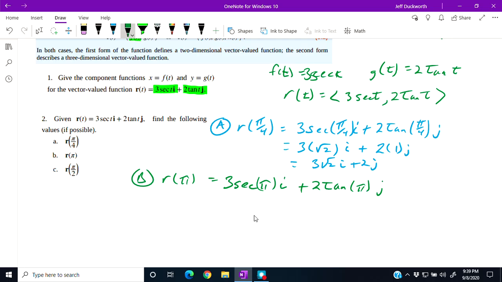Okay, and so again, secant is 1 over our cosine. The cosine at pi is -1, so 1 over -1 is still -1, so that's 3 times -1i. And tangent at pi is just going to be 0, so that's 2 times 0j. So this is just -3i.